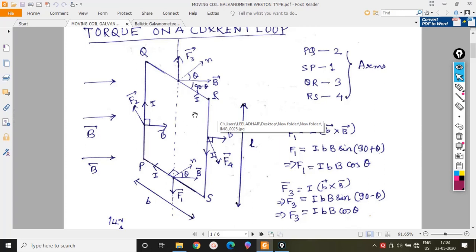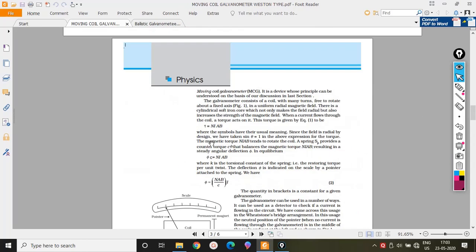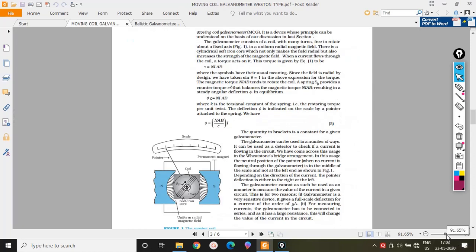So we need to do something more in order to get a galvanometer from this principle.